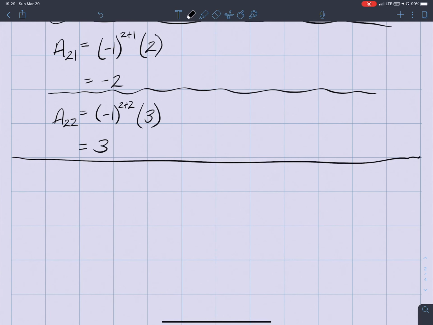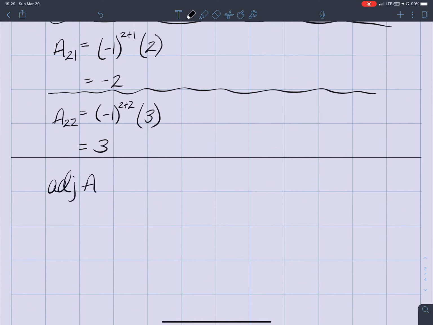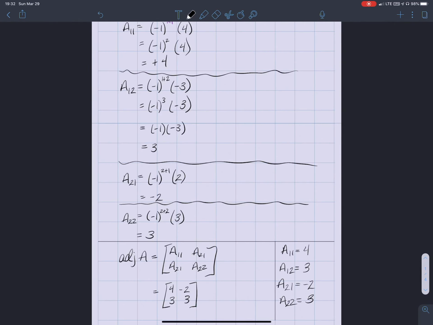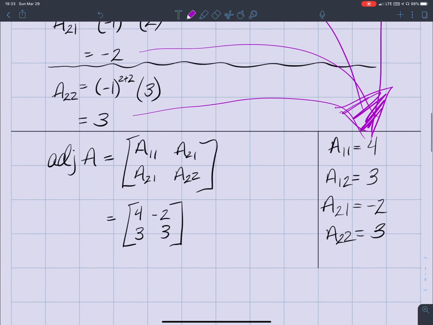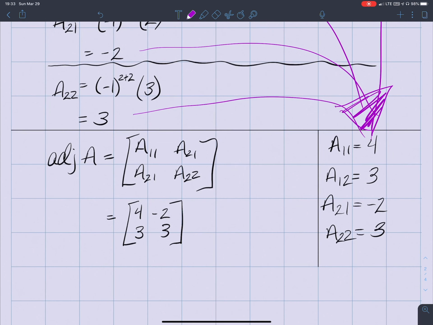The adjoint of A, you could denote it like this, is actually just the matrix of all of these cofactors. So solving for these, I've just made some notes on the side. I've just taken these and put them right here so they're easier to find. And then I've put them into this matrix, and that is the adjoint of A.